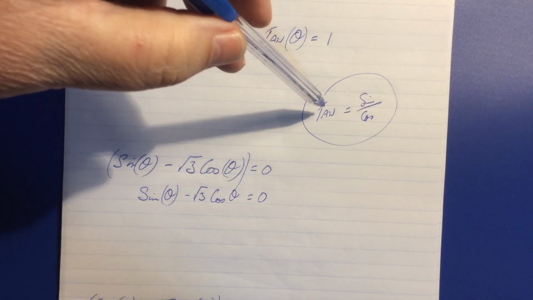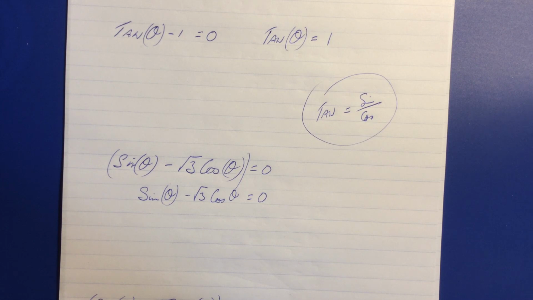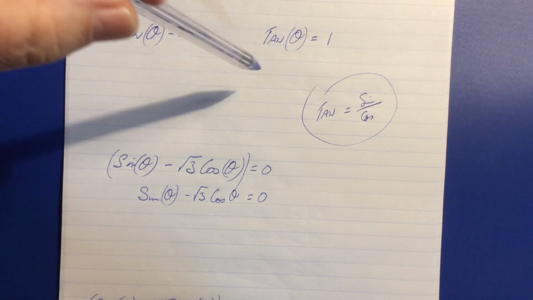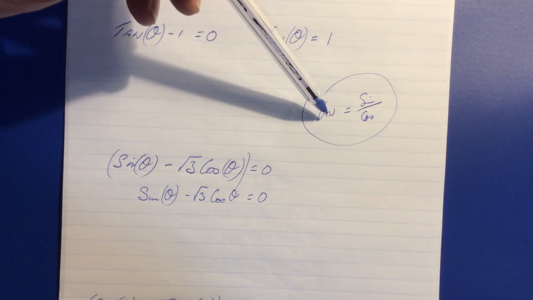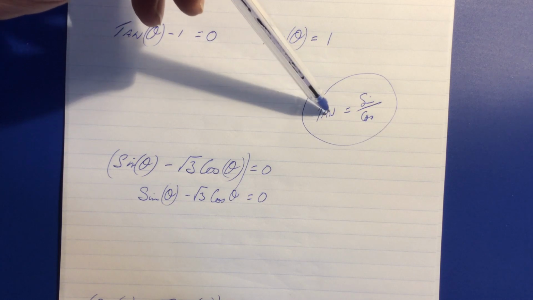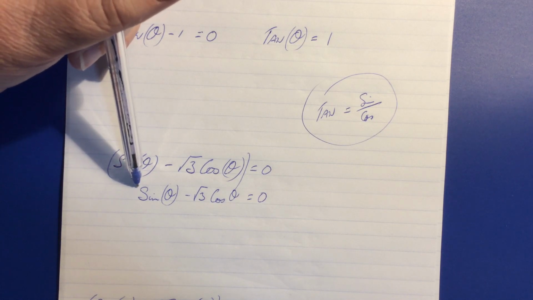If you're confused or bothered by that, it might be worth taking a look at some of the earlier videos on the unit circle that appear in the circular trigonometry playlist on the site, or even just having a look at a textbook in the early stages of circular trigonometry where this is explained on the unit circle. But making a long story short, the tangent is equal to the sine over the cosine.